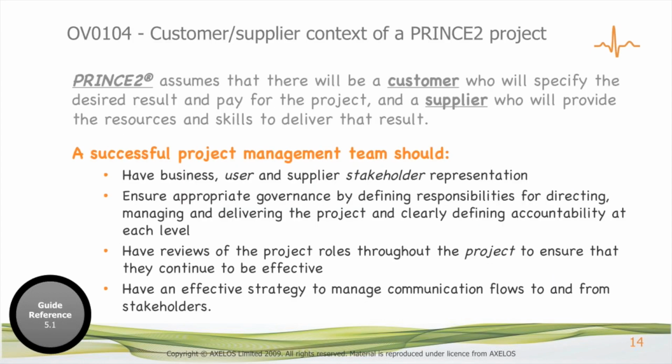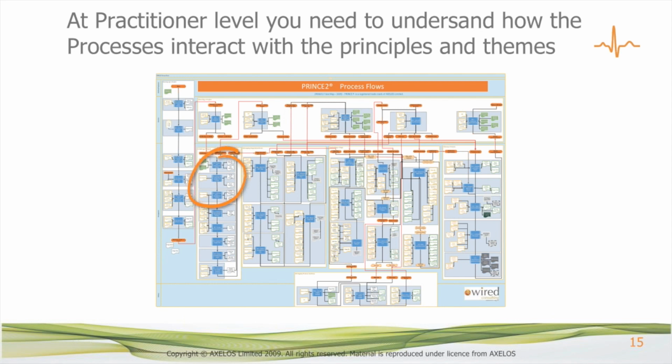Prince2 assumes that there's a customer who will specify the desired result and pay for the project, and a supplier who will provide the resources and skills to deliver that result. So a bit more in chapter 5 in the manual.